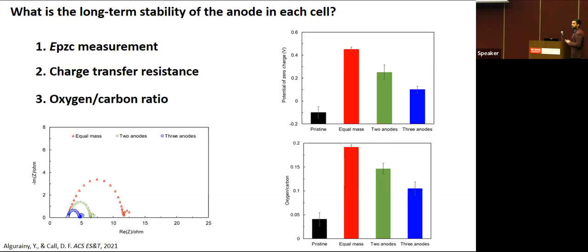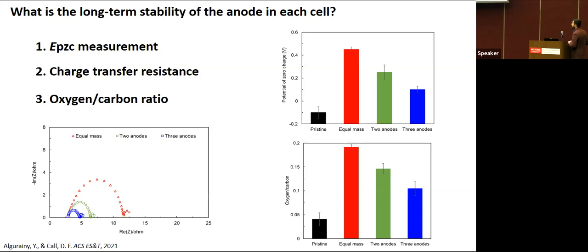We ran XPS measurements to measure how much carbon we have before and after the treatment. When carbon is oxidized, the carbon content would decrease and oxygen content would increase. So with XPS measurements, we determined oxygen to carbon content. Relative to the pristine, oxygen to carbon content increased in all configurations.